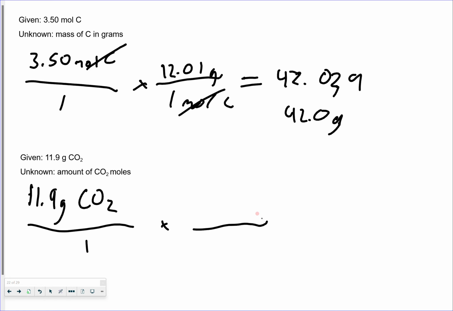Since we're going to have unit cancellations, we know we're going to have grams on the bottom, and we want moles, so moles on top. Again, we look at the periodic table to find the molar mass, but we have to add the molar masses of carbon and oxygen.